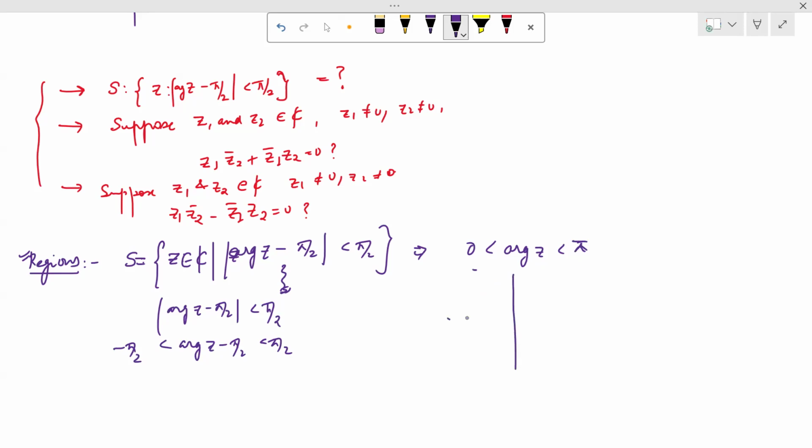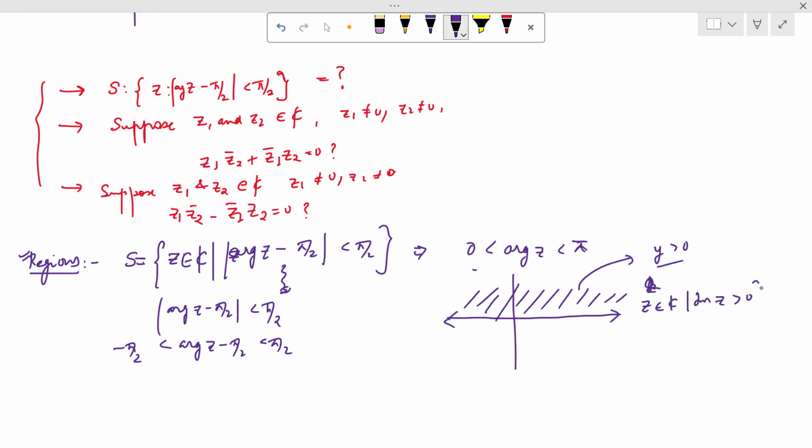If argument of Z is between 0 and pi, what does it imply? It implies that we are talking of this region, where y is greater than 0. That is, you're talking of all those complex numbers whose imaginary part is greater than 0. Whether you write it this way or that way, it is one and the same thing.